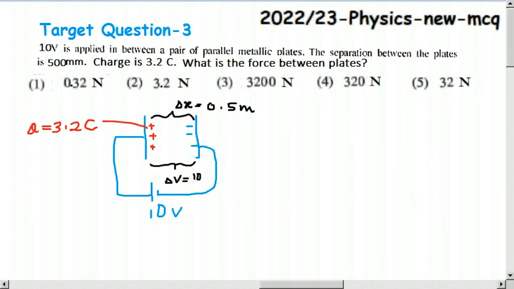The force F is what they want us to find. The charges on the plates are positive and negative, so they attract each other, therefore there will be a force. That force we have to find out.